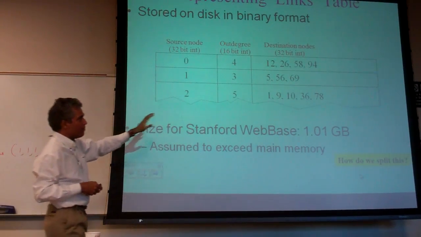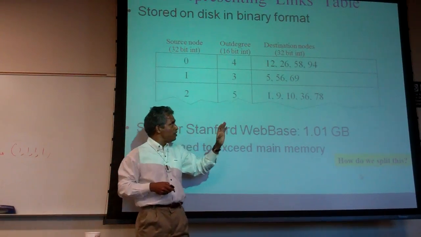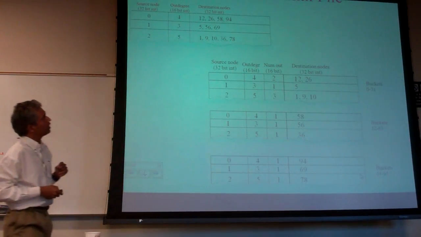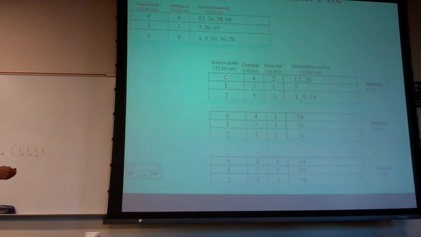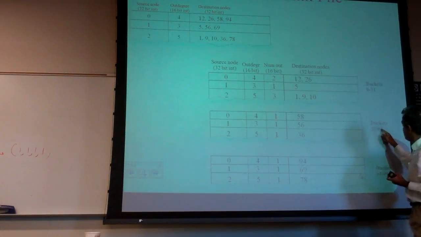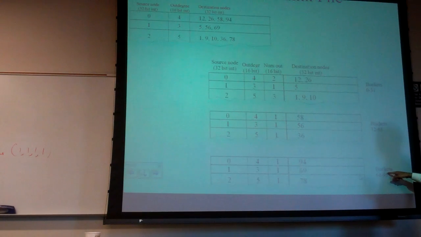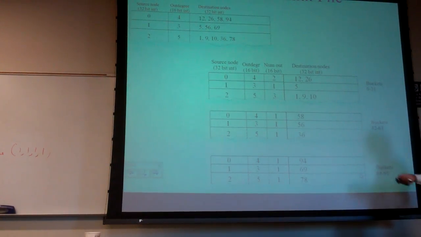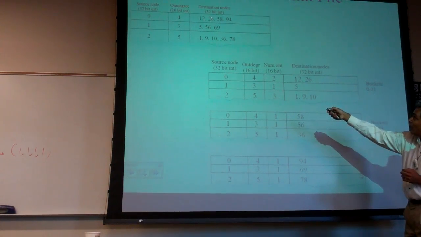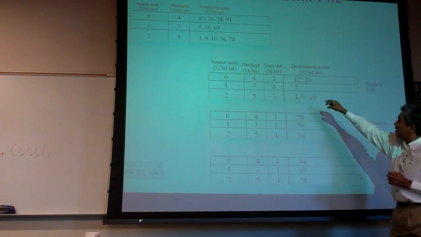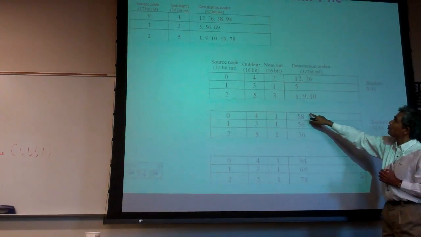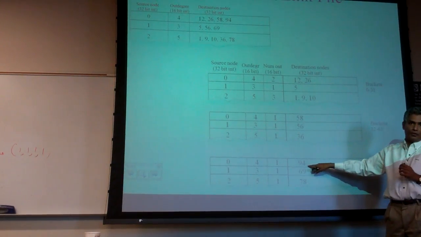If you read this paper, you'll see all the arguments as to why he is doing this, which is basically I split this into bucket 0 to 31, bucket 32 to 63, bucket 64 to 95. So for example, 0 going to 12, 26, 58, 94: in the first bucket only 12 and 26 are shown, in the second bucket 58 is shown, in the third bucket 94 is shown.